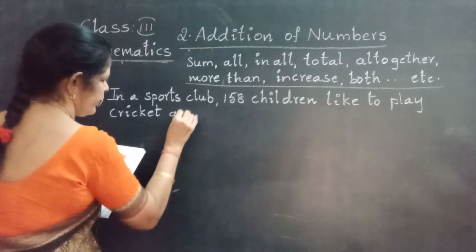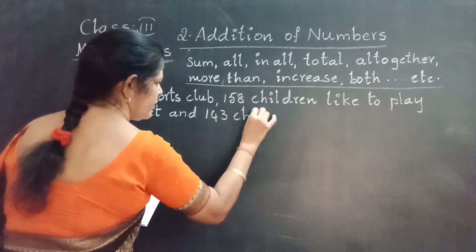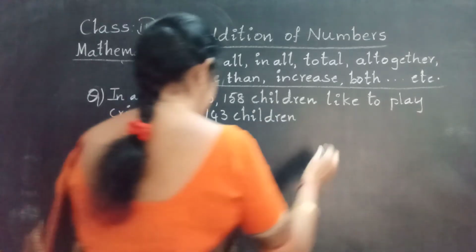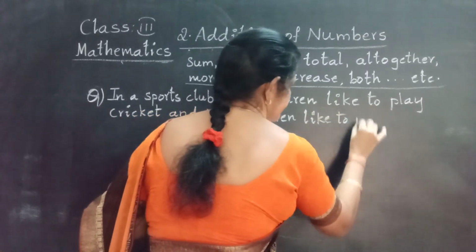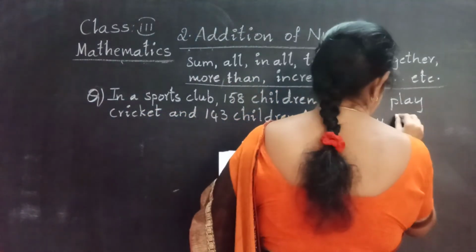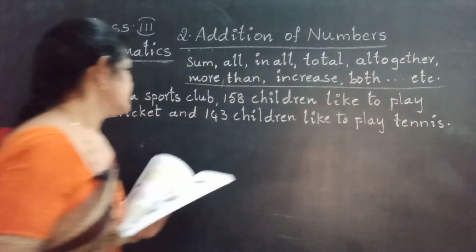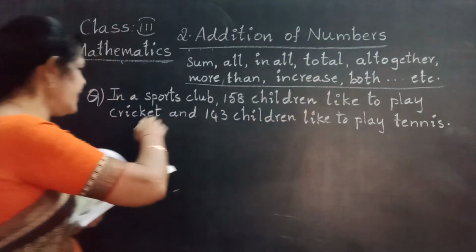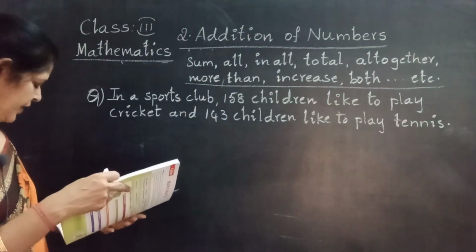And 143 children like to play tennis, T-E-N-N-I-S. See, in a sports club, 158 children like to play cricket and 143 children like to play tennis.